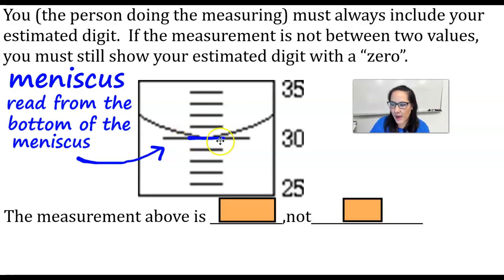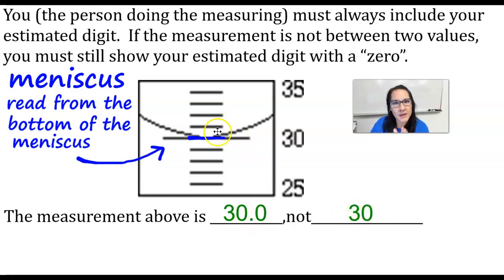So here is the bottom of the meniscus, and I'm going to estimate that it is right on the 30. However, you can't just put that it's 30 because this is accurate to the first decimal place. We have to put that it's 30.0 and not just 30. Because I could read this as 30, 31, and then anything in between this would be one estimated digit, that means this is accurate to the tens place, so we have to read it that far.